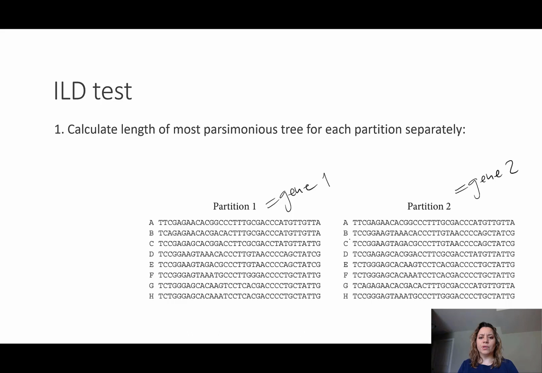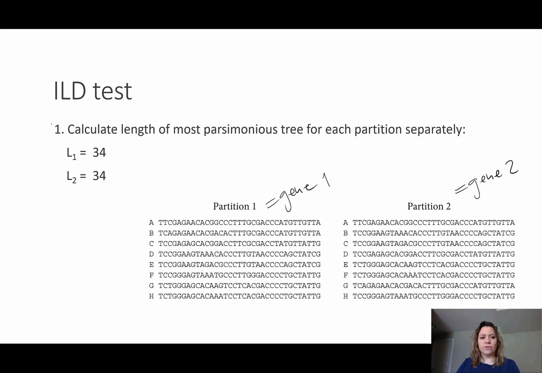So you run them separately, and what you get for the first tree, which we're going to call L1, tree 1, its length, L1, is 34 steps. And in addition, we also know, based on what I just told you earlier, that the length of the second tree for the second gene is also 34. They are equally parsimonious, but the trees are different in their topology. Their relationships are not the same.